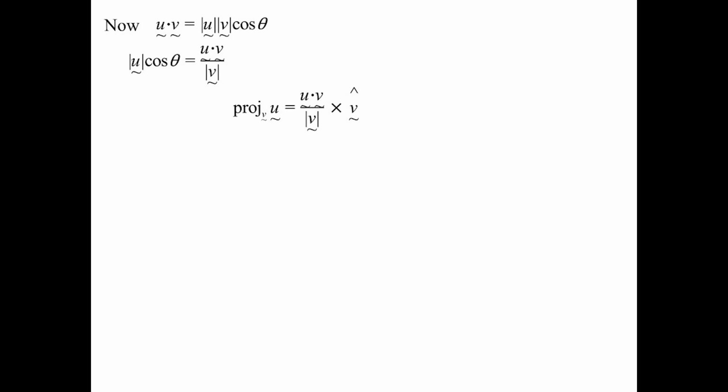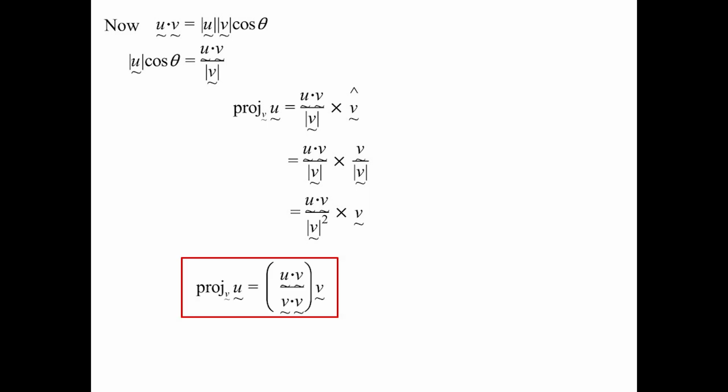Well, the unit vector in the direction of v would be v divided by the magnitude of v. So that's u dot v over the magnitude of v squared times v. And the magnitude of v squared is v dot v. So look at this very interesting formula there. We get u dot v over v dot v times v.